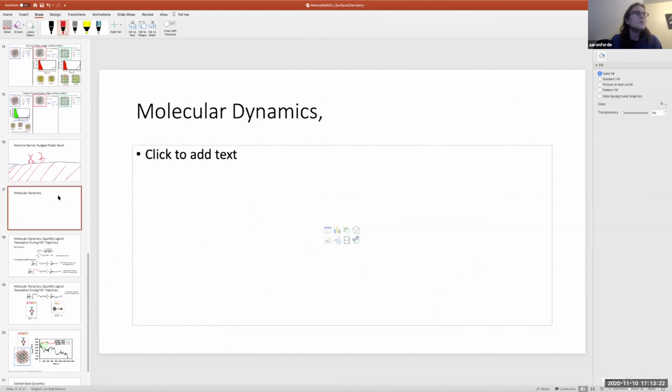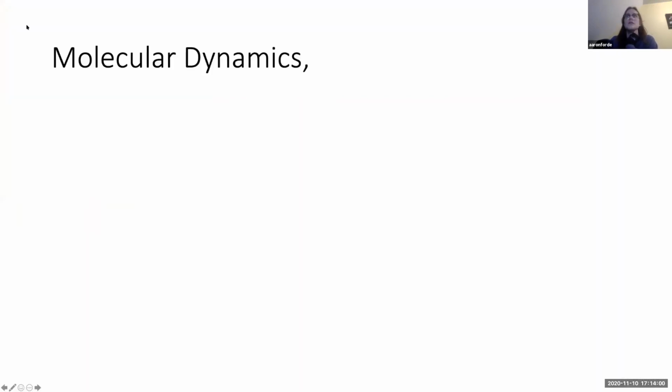But what I do actually have data for is molecular dynamics for one of the models in various electronic configurations and temperatures. One of the challenges was trying to find a way to quantify the surface degradation during the trajectory.